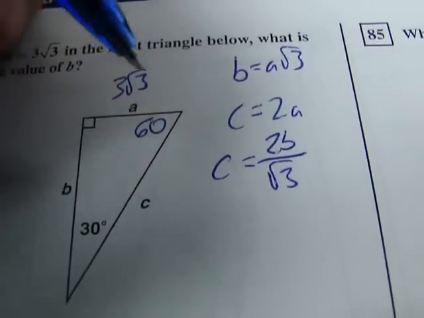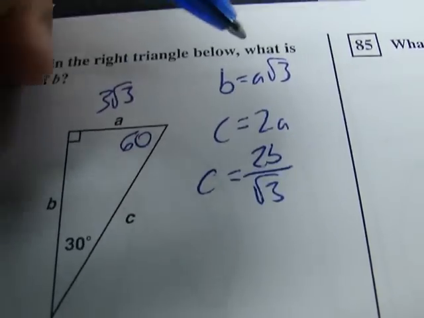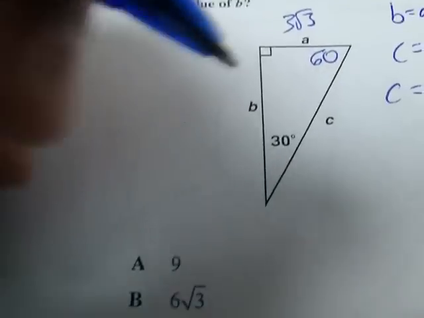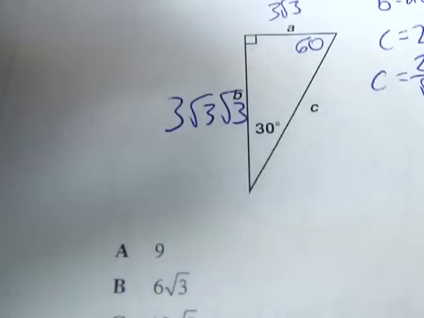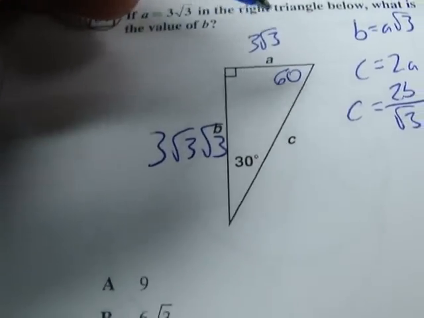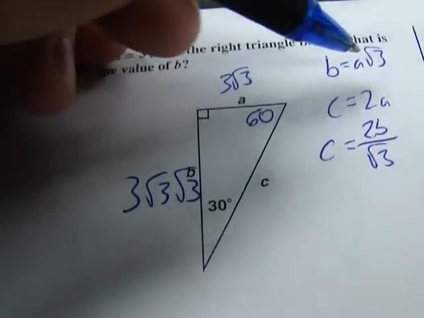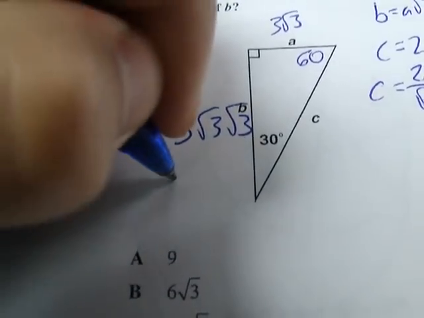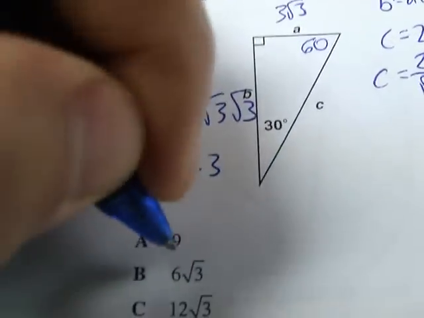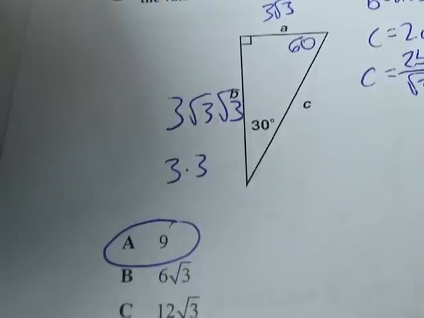We have A, we're trying to find B, so B equals A square root of 3, so this one's going to equal 3 square root of 3 times the square root of 3. Does that make sense? The square root of 3 times the square root of 3 is 3, so it's going to be 3 times 3, which equals 9.